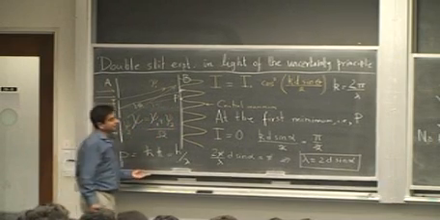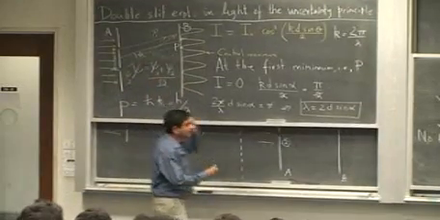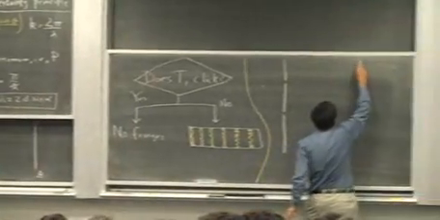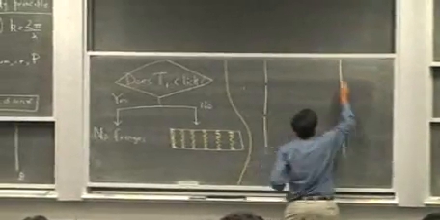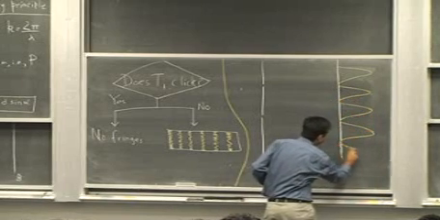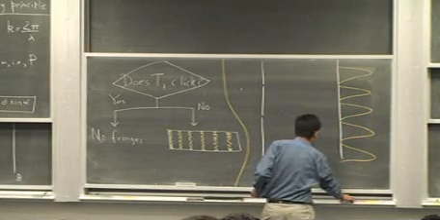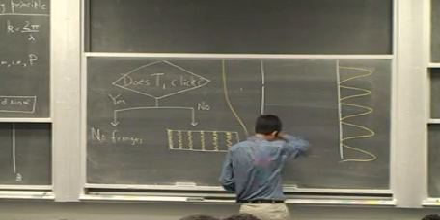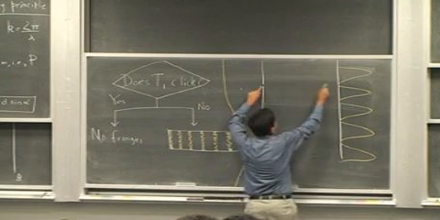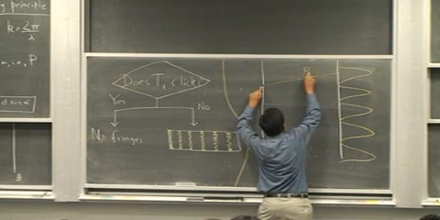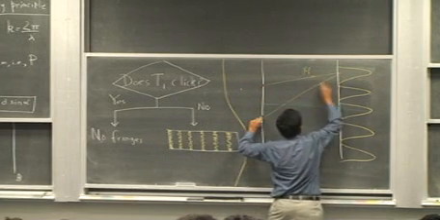Okay? So since all of this is cluttered, I'm going to redraw this in a cleaner fashion. Some point here you have a wave function psi1 and you have a wave function psi2.